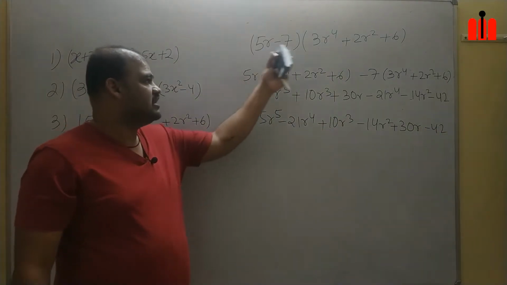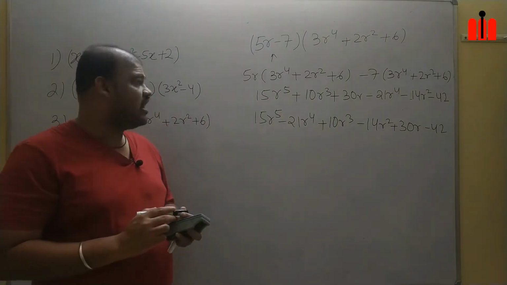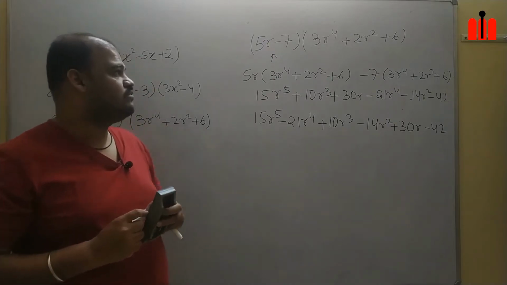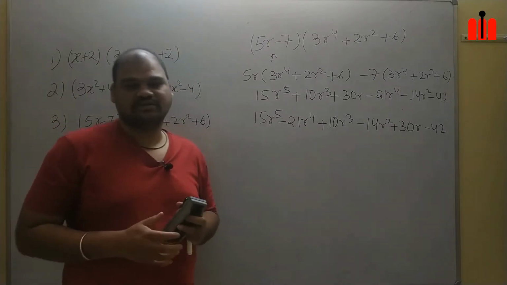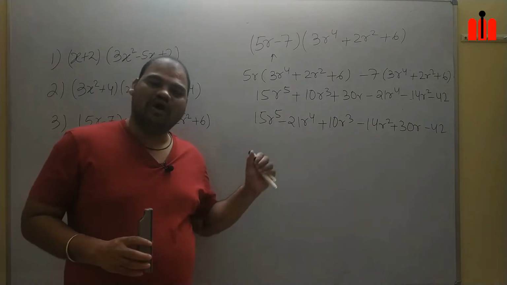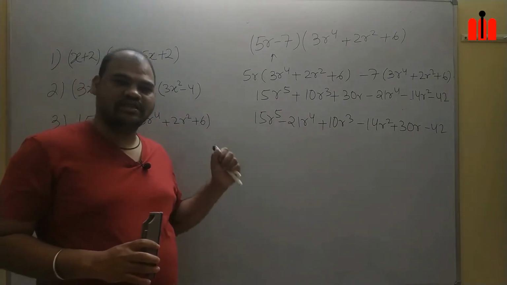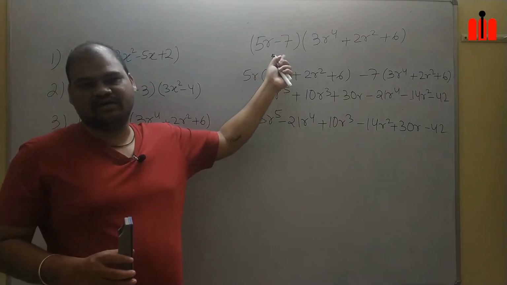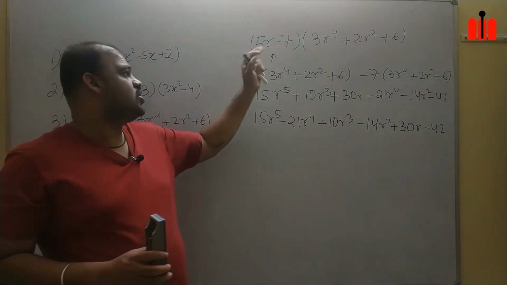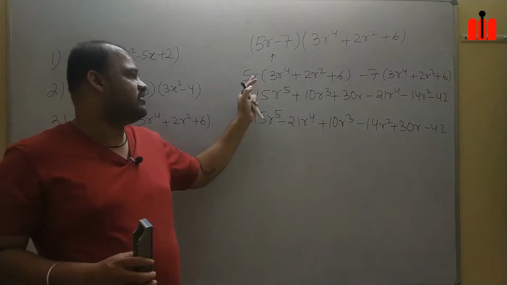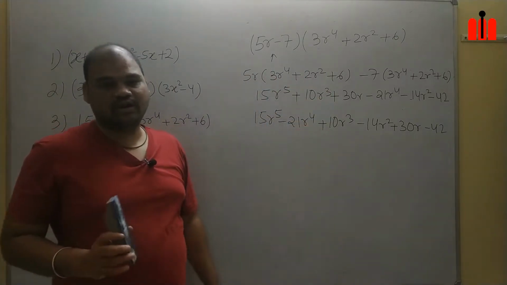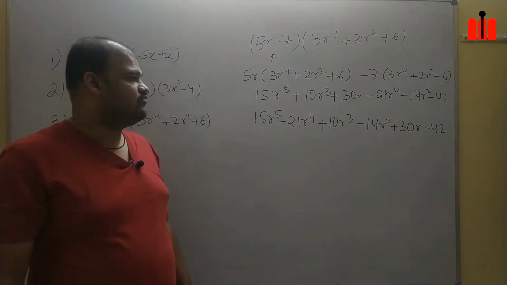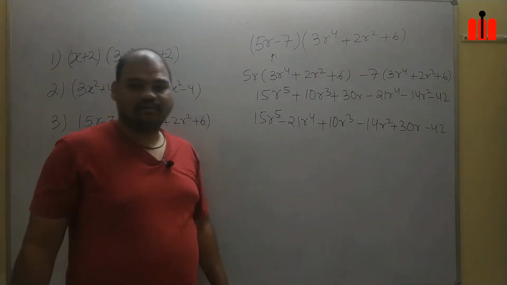So this will be the multiplication of 5r minus 7 into 3r to the power of 4 plus 2r square plus 6. So what we had done in this problem? We had broken this bracket. After the splitting, it will be 5r (3r to the power of 4 plus 2r square plus 6) minus 7 (3r to the power of 4 plus 2r square plus 6).